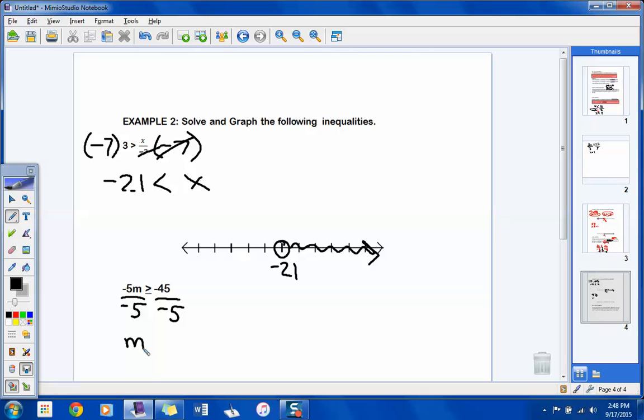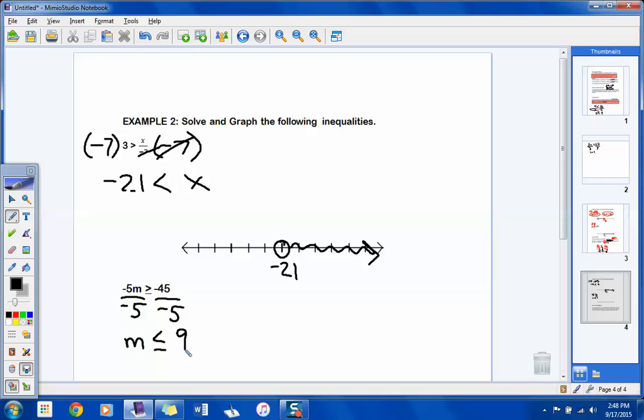So the direction of my inequality, stay the same or switch? I'm going to switch it because I divided by a negative this time, right? So less than or equal to? And then what's the value here, Ben? Careful. Why positive 9?